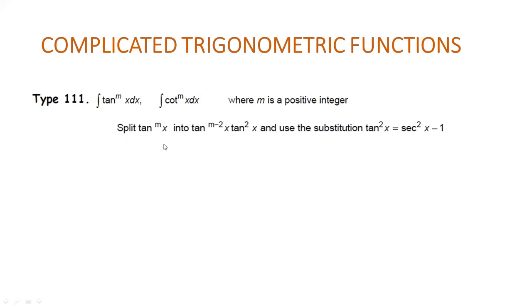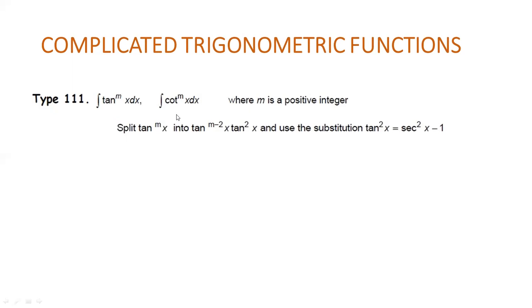Why is that? That way you can split the tangent of m x into tangent of m minus 2 x times tangent squared x. Meaning, from this original tangent function, you set aside a tangent squared. From this original cotangent of x raised to m, you set aside a cotangent squared.